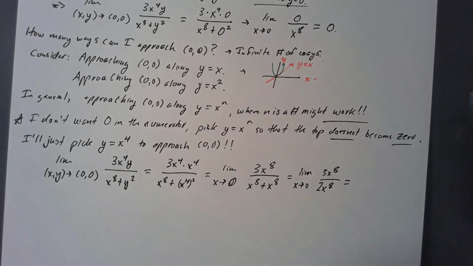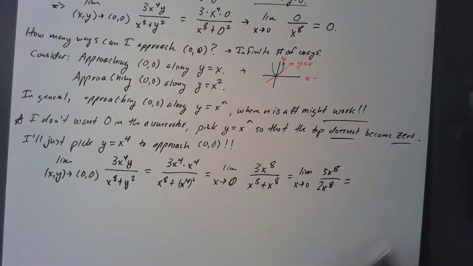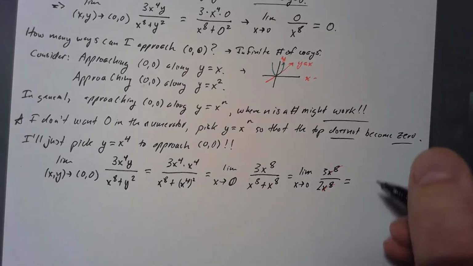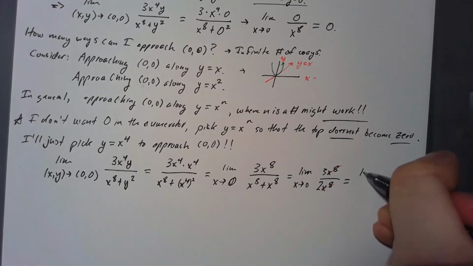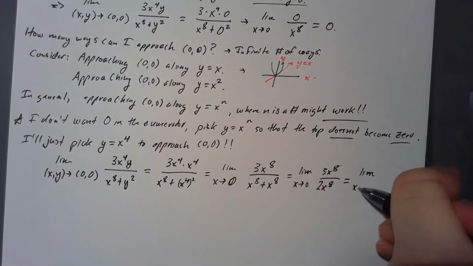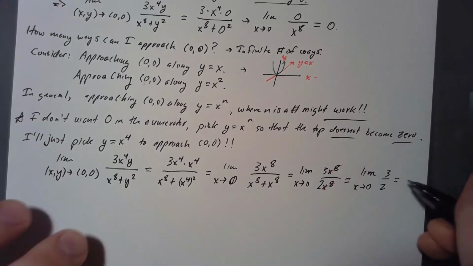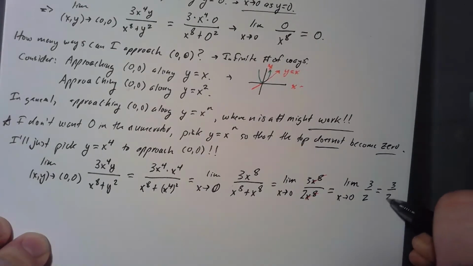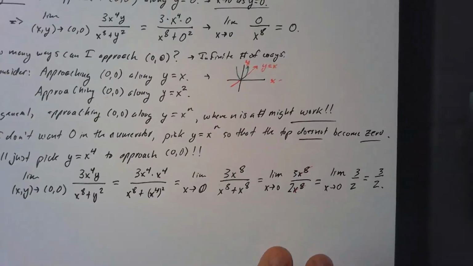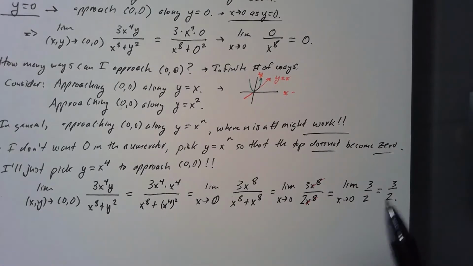Obviously, they cancel out. So now what I have is the limit as x approaches 0 of 3 halves, which is just 3 halves. Ta-da!